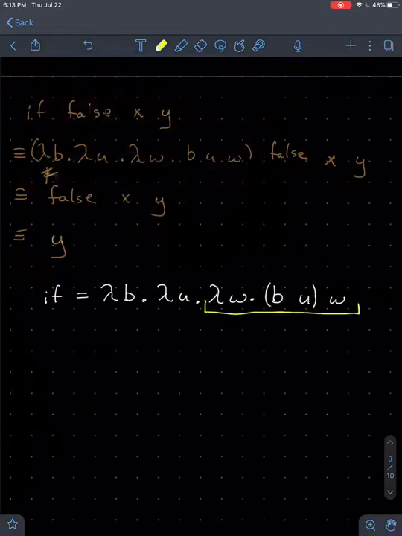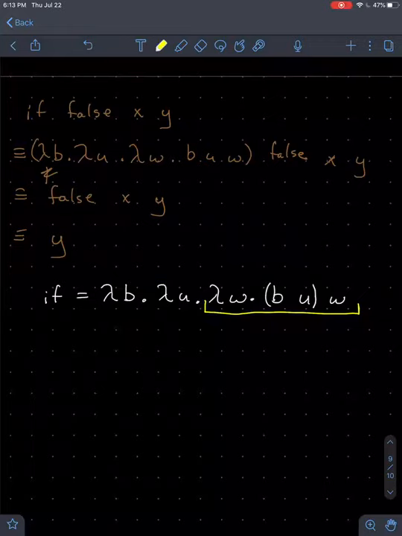Can anyone apply a rule there? One of those formal rules we just took a look at? Take a look at those formal rules you wrote down.